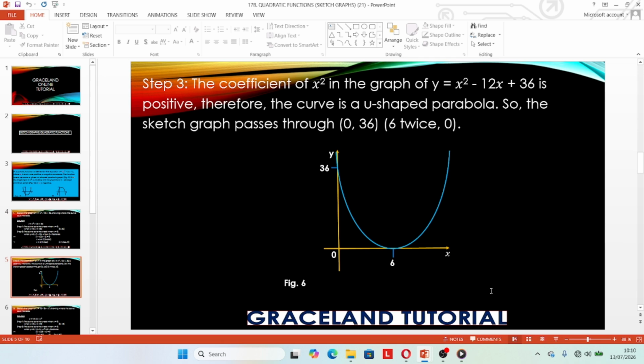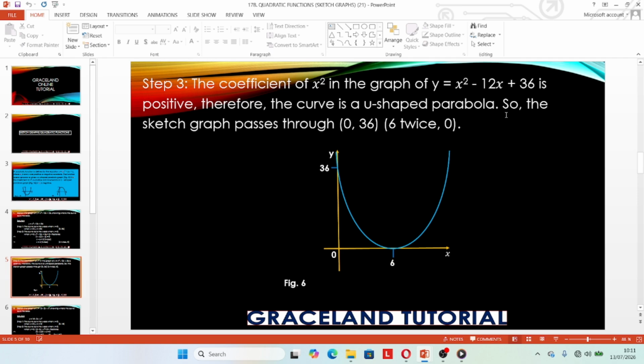Step 3. The coefficient of x squared in the graph is what? Is positive. Don't forget. The coefficient of x squared here is 1, and that 1 is positive. For the fact that it is positive, it means that we are going to have a U-shaped parabola graph, meaning that the curve is going to be a U-shaped parabola.